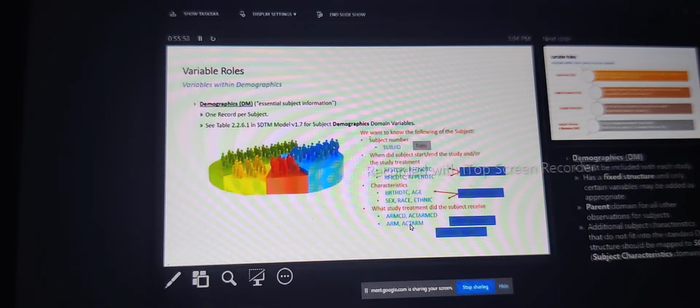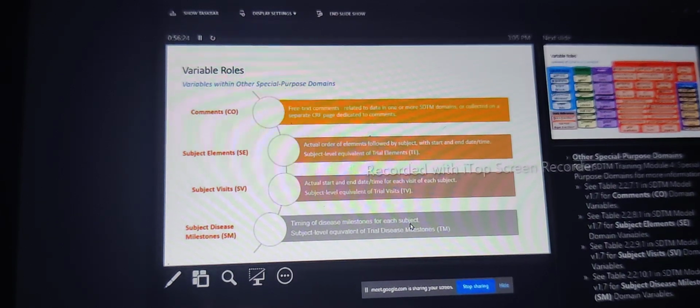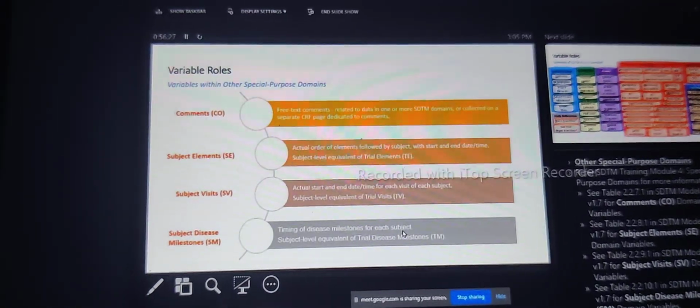Okay, again, these are some specific variable roles. In the comments, when I say comments, we used to have a couple of things. One is the domain level comments, and then some text from the particular domain or from the CRF page. So basically these things will populate and map under comments.